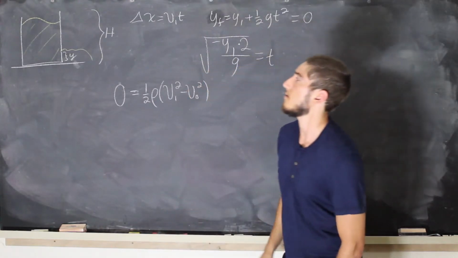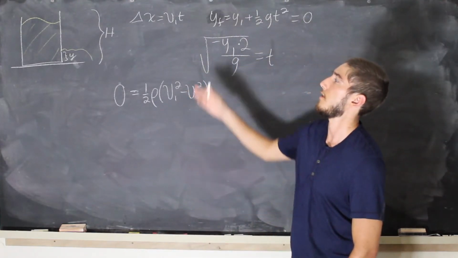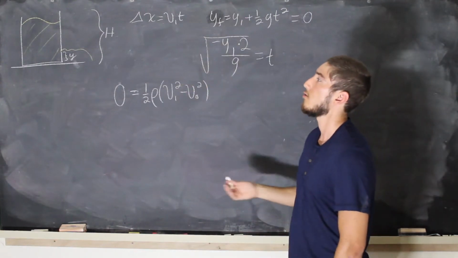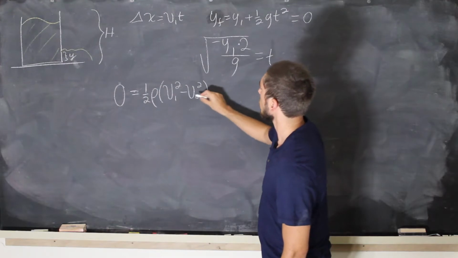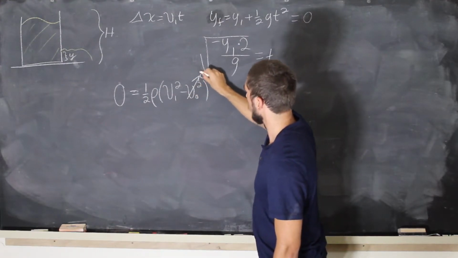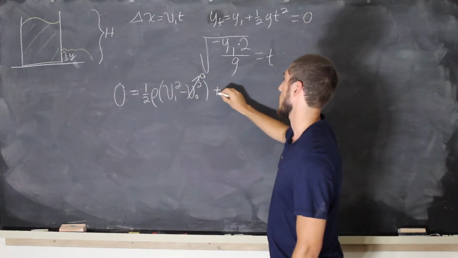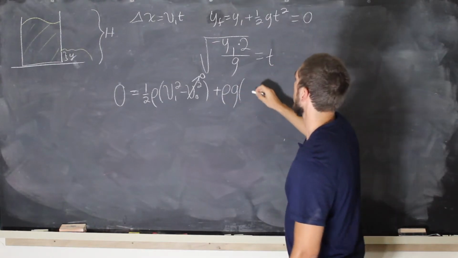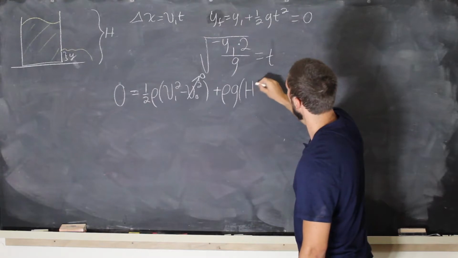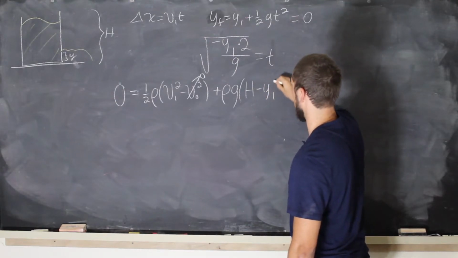But since the ratio of the area of the reservoir is so much larger than the area of the drilled hole, v initial is going to be 0, and that's going to be plus rho g, and then this is going to be h minus y initial.